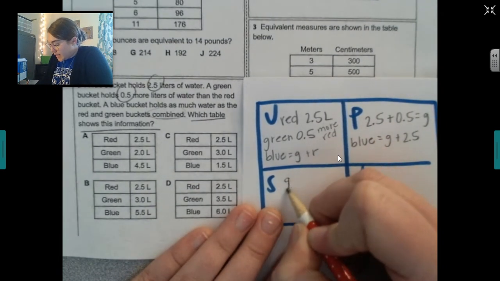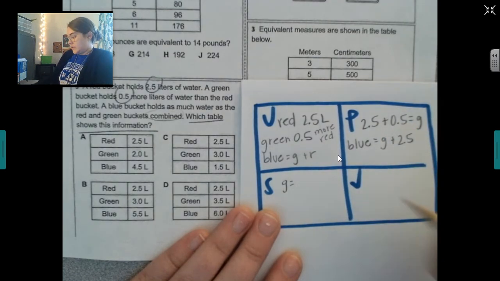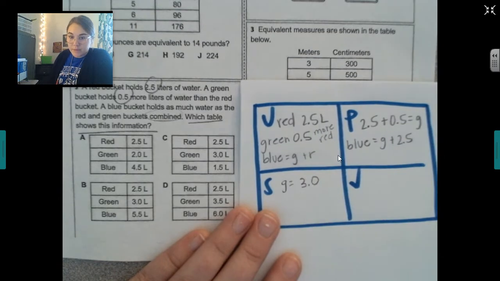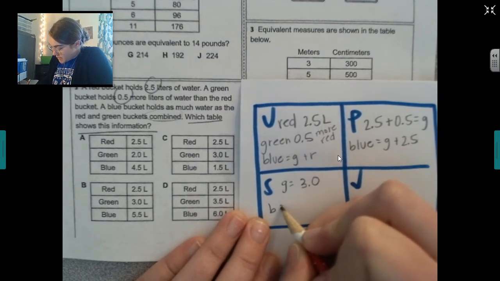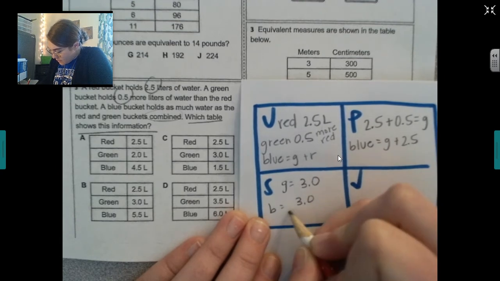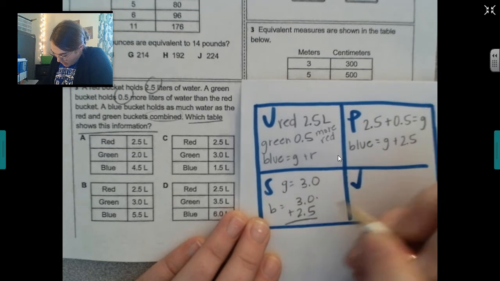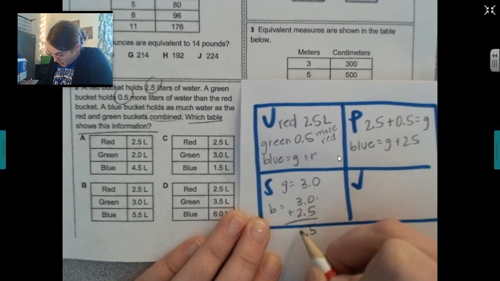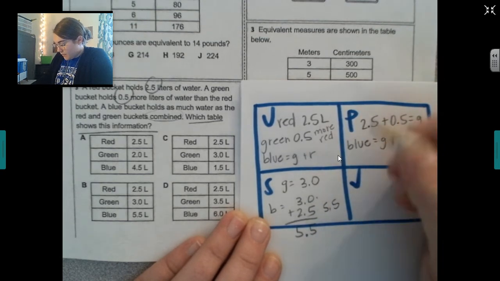So the green bucket is going to be 2.5 plus 0.5. That would be 3. For the blue bucket, I'm going to have to line up my decimals. 3 plus 2.5, because this is the green bucket, this is the red bucket. So 0 plus 5 is 5. Add my decimal. 3 plus 2 is 5. So the blue bucket is 5.5.